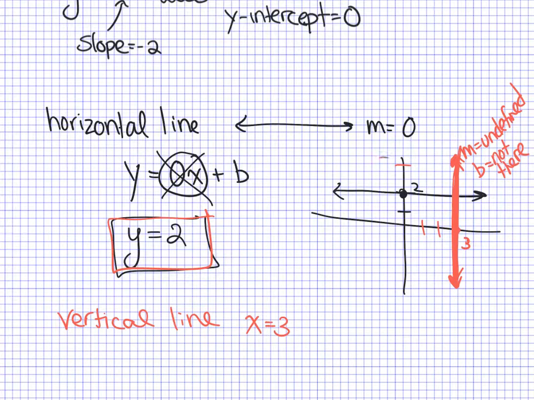If y was 7, x would be 3. If y was negative 5, x would still be 3. If y was a billion, x would be 3. So how we write vertical lines would be like this: x is equal to 3. Okay, so that kind of sums up the slope, the y-intercept, and the slope-intercept form.